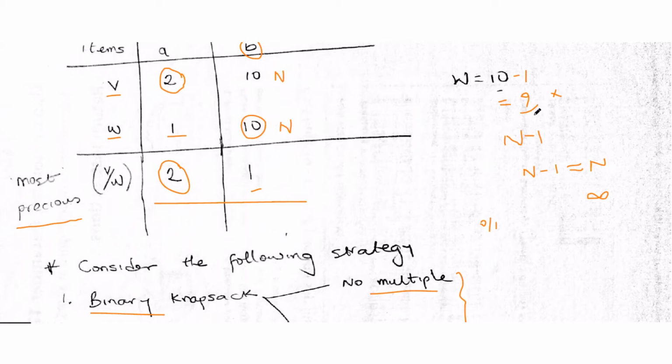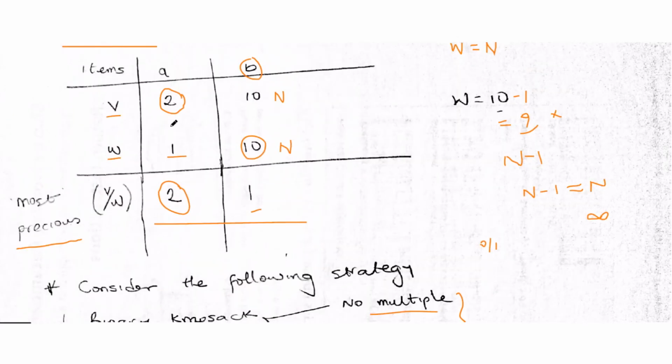So that means we can take it again the second time, it gives us a value of 4, then we have remaining weight of 8. We can take it the third time, it gives us a value of 6, then we have remaining weight of 7.